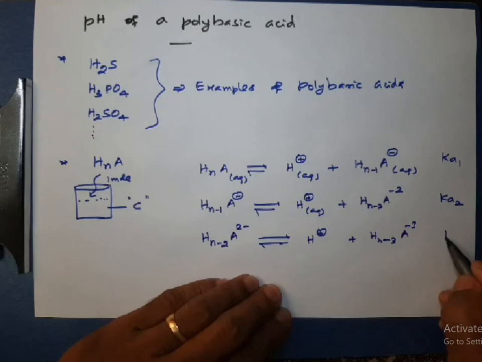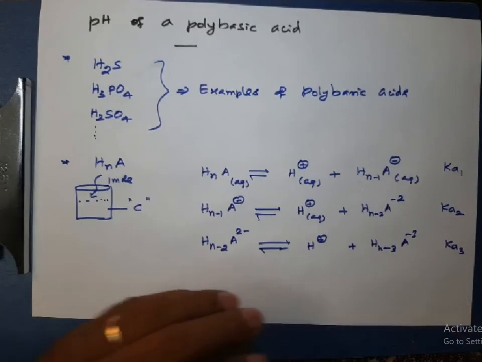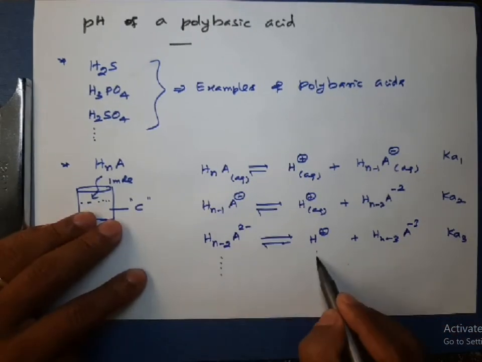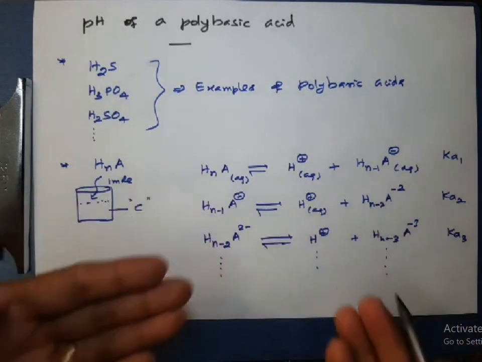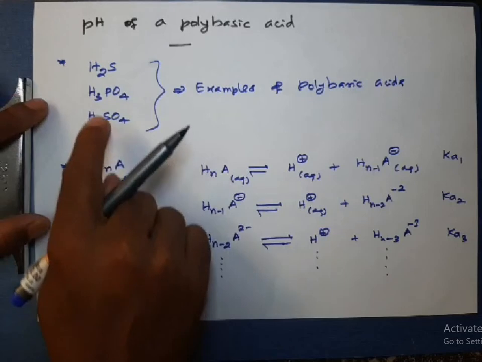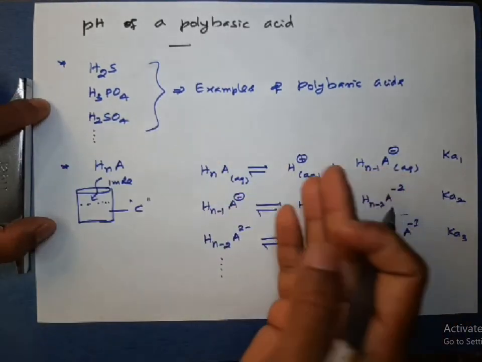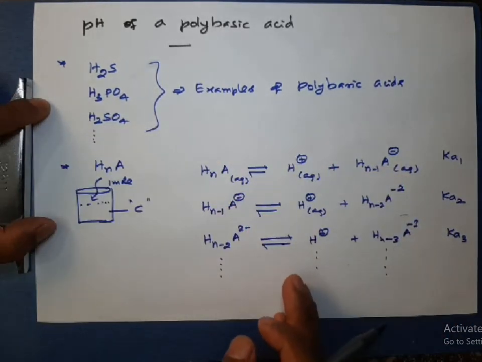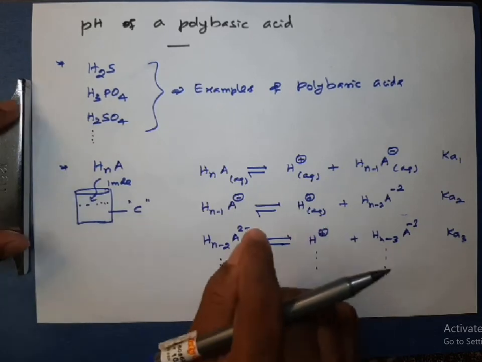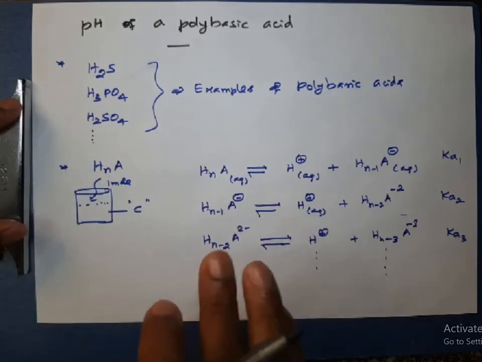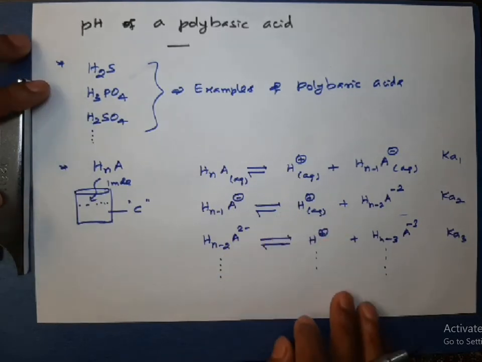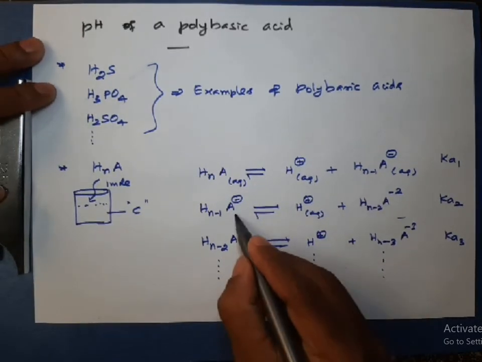For this step let the ionization constant be Ka3. Depending upon the number of ionizable hydrogens present, you'll get that many steps. If you have 3 ionizable hydrogens, you'll get 3 steps. Now all are in aqueous medium.